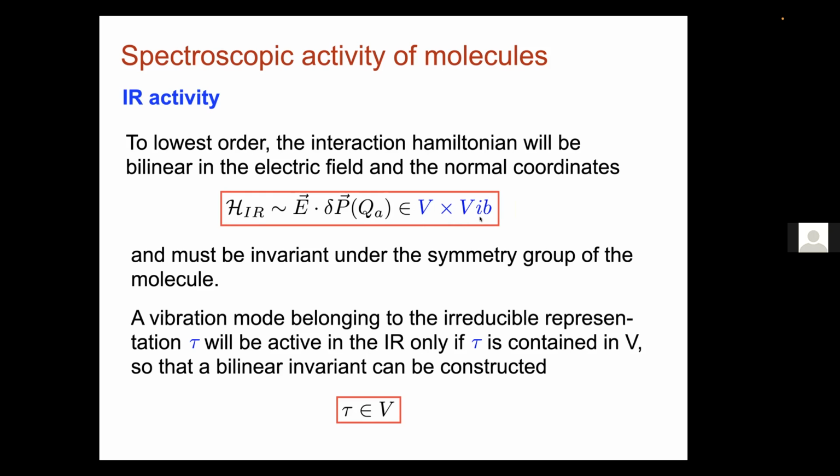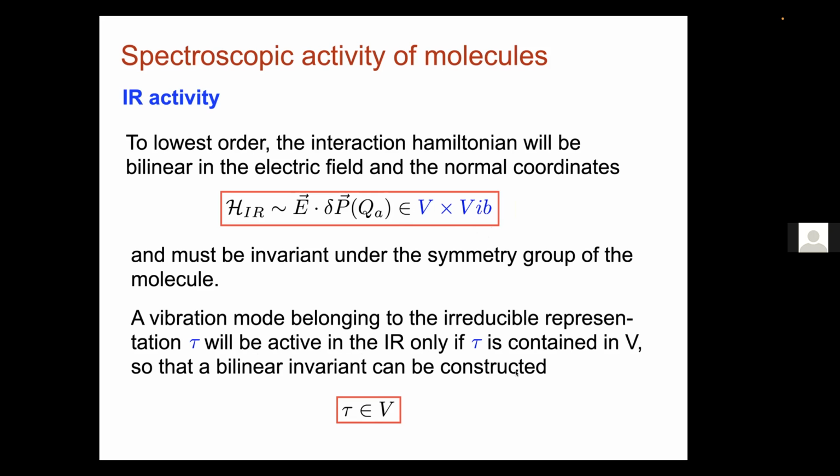If the irrep according to which a normal mode transforms is not contained in V, there is no way I can construct a bilinear invariant, because remember, what we just proved is that the only way to get bilinear invariants is by multiplying an irrep by itself. So this is the criterion. A vibration mode belonging to the irreducible representation tau will be active in the infrared only if tau is contained in V, so that a bilinear invariant can be constructed.